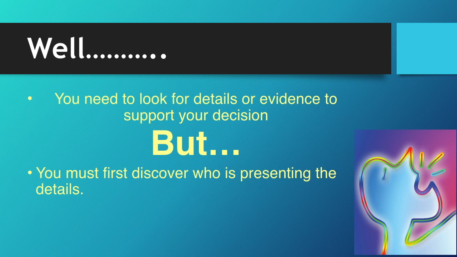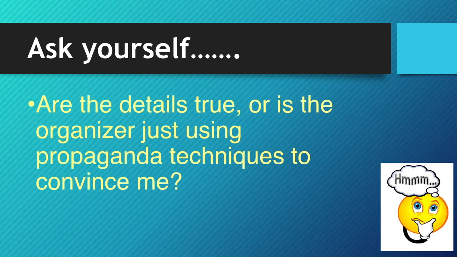But you must first discover who is presenting the details. Ask yourself the question, are the details true? Or is the organizer or the advertiser just using propaganda techniques to convince me? Think about it.